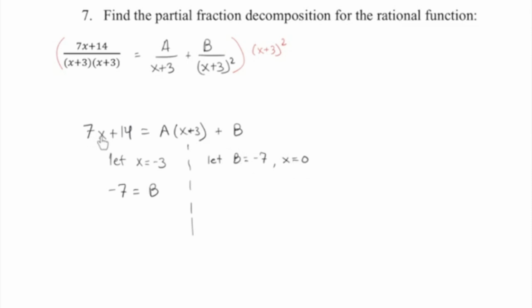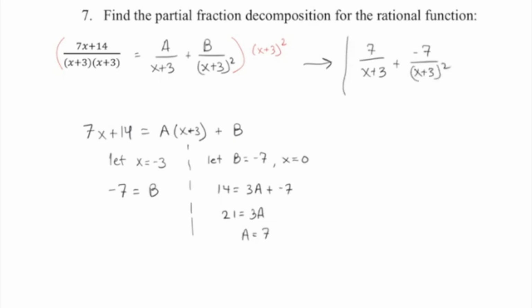If x equals 0, I get 0 plus 14, which is 14. Here, 0 plus 3 is 3. 3 times a is 3a, and then plus b turns into plus negative 7. If you add 7 to 14, you get 21. So then divide by 3, and a equals 7. So the partial fractions are 7 over x plus 3, and then negative 7 over x plus 3 squared.